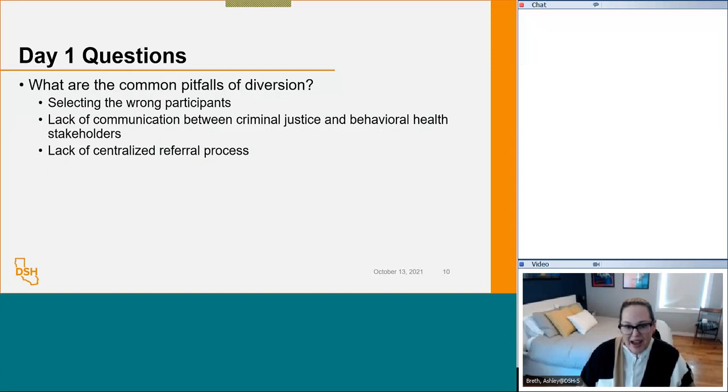There is a lack of communication between the criminal justice and behavioral health stakeholders in the program, and it can be a challenge if you don't have some kind of centralized referral process for the program. So those are the three big ones that we've seen to date.